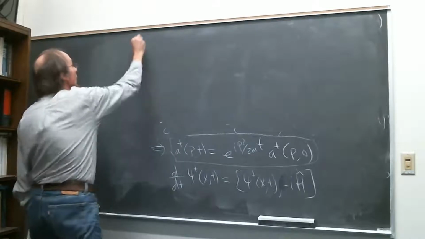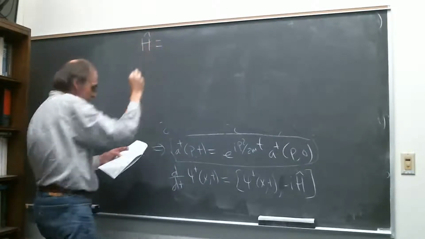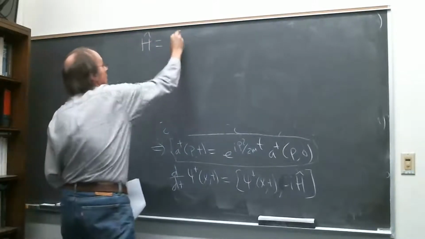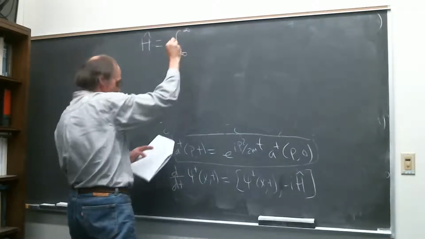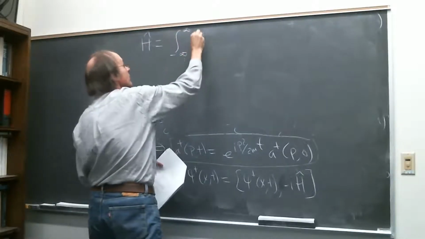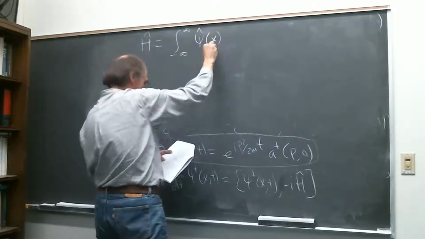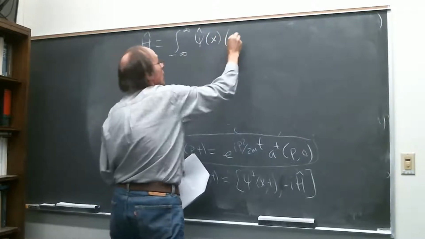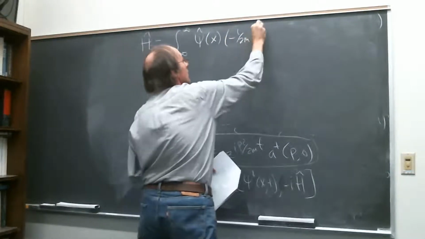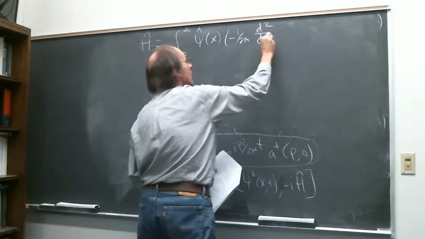You end up with H in x space. You're integrating over x space, but you have a term with 1 over 2m d squared dx squared.